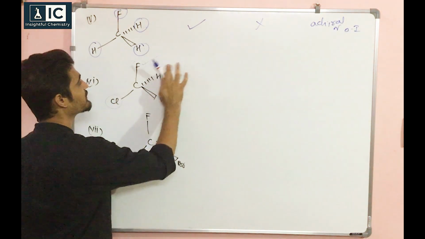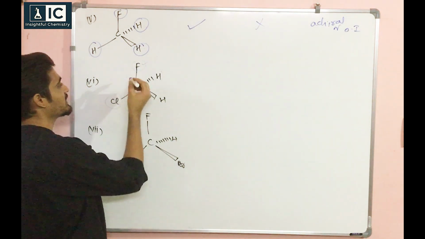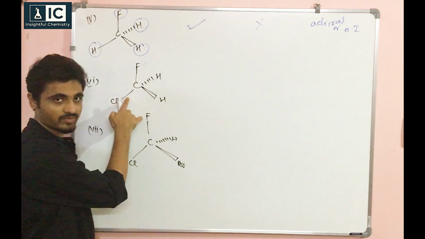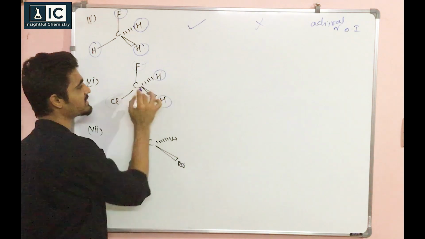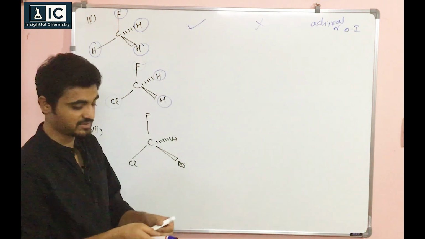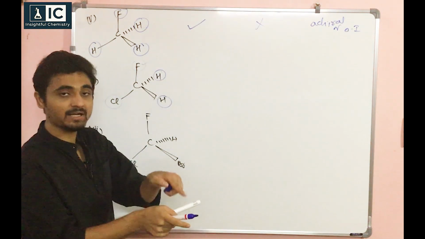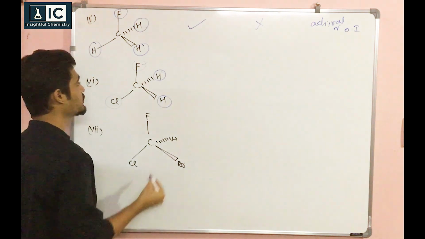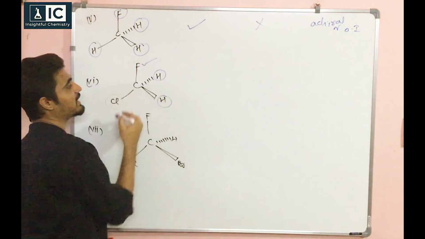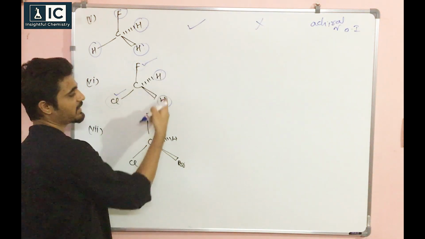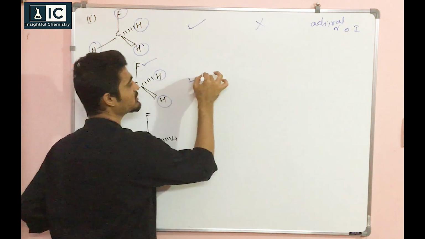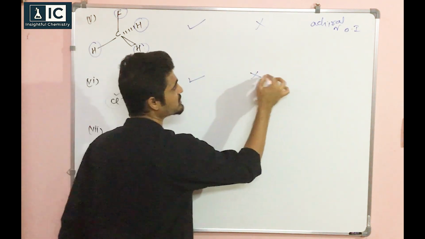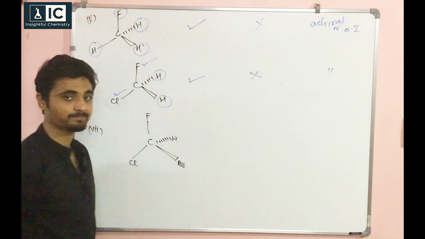So I will take F and Cl in the same plane, which is given here, and this H and this H to be in front of each other, just like this. Parent image, mirror image. So this will be cut in half, and they will be in front of each other. So POS I will get, but no COS, but still achiral.